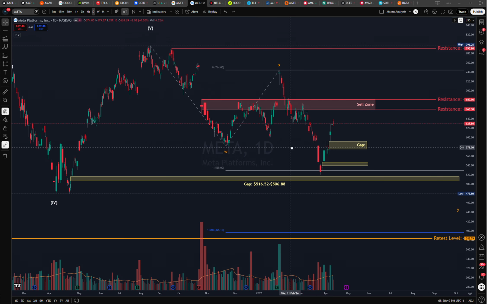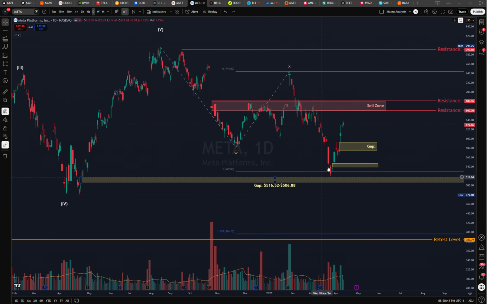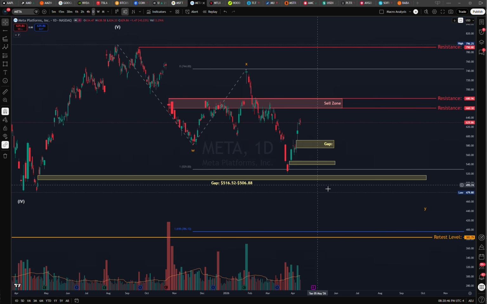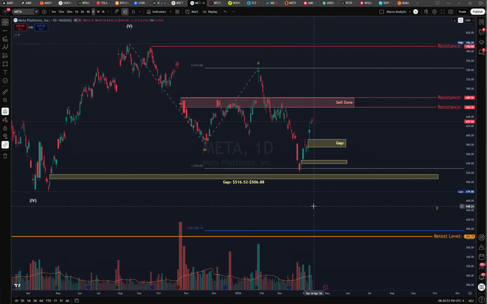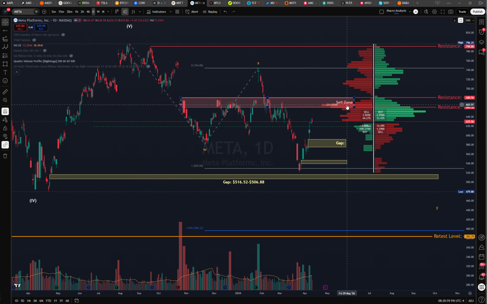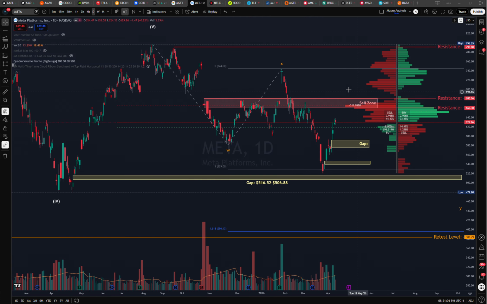What I'll be looking at for Meta is that you either bottom here, but if you haven't bottomed, you're going to continue to see this gap get filled, anywhere within this range here, or retesting 383 for Meta. So there's still possibility for Meta to see more downside, but at least I want to see these gaps get filled. So key area going into this week for Meta is this, you're in a sell zone right here.